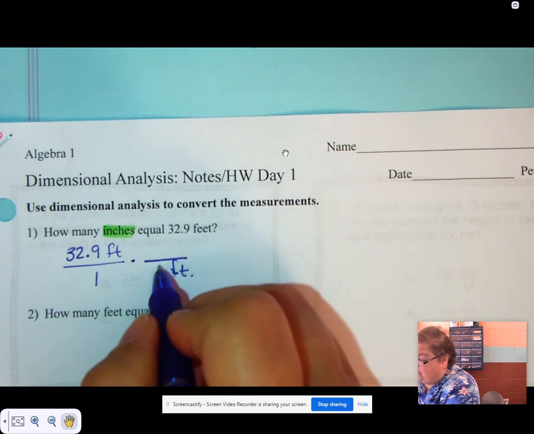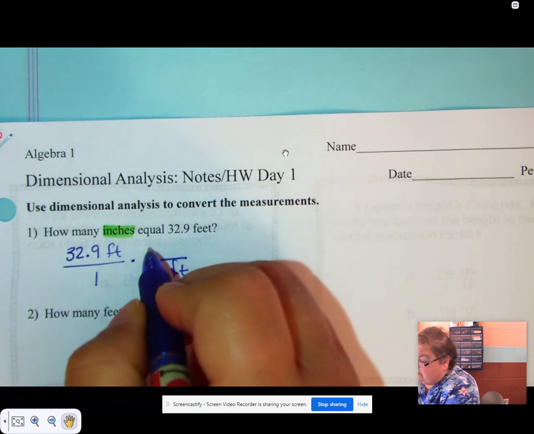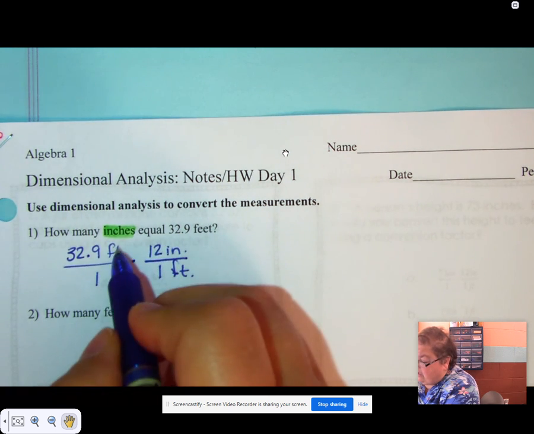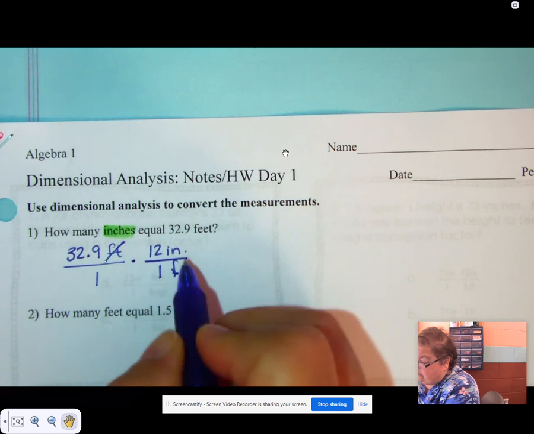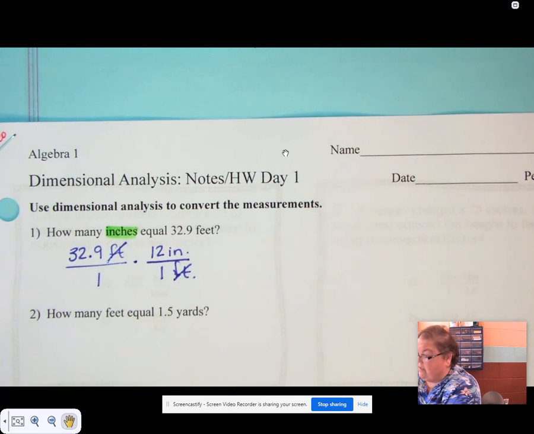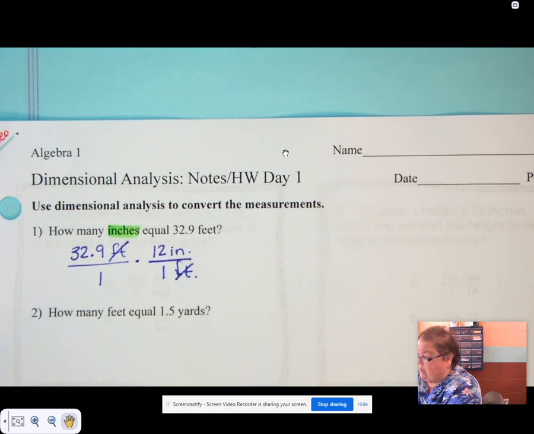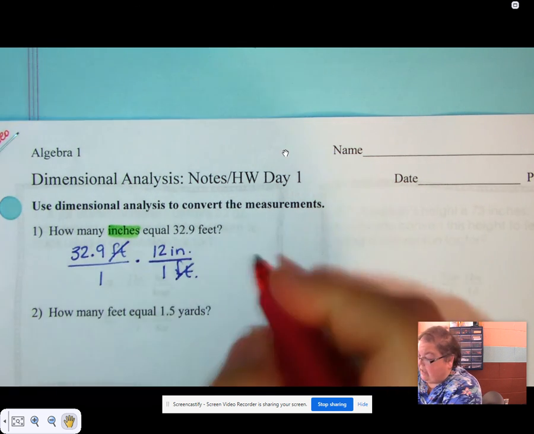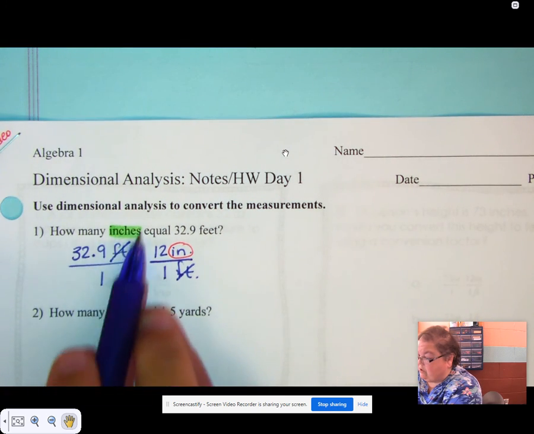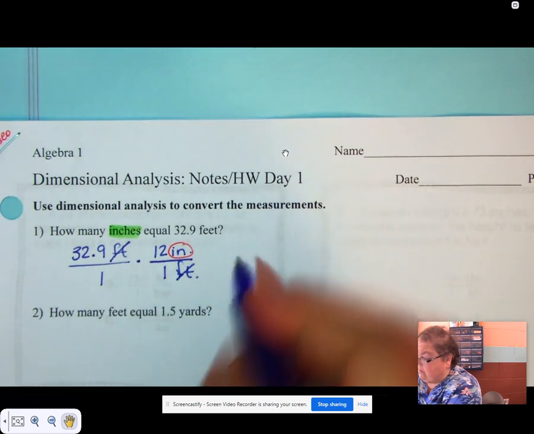So 1 foot is 12 inches. If I have the same word in the numerator and the denominator, then they cancel. And so now the only thing I have left is inches, which is what I was looking for. So now I know I'm done.